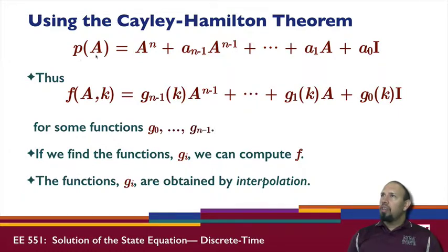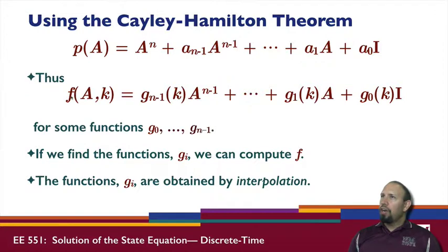So here's our characteristic polynomial evaluated at A, the function f can be expressed as a polynomial in A. Now notice that A is just the matrix. The coefficients of this polynomial are functions of k.